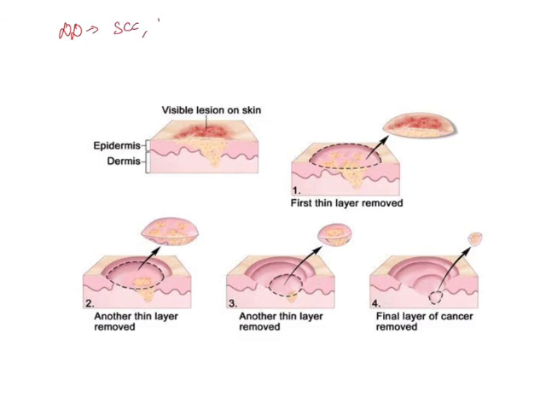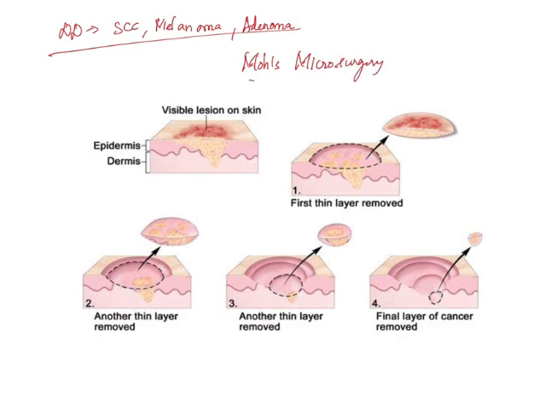Your differential diagnosis is going to be SCC, melanoma, or if it involves the eye, adenoma. You have these differential features. So the most common or popular surgical treatment for this BCC is Mohs microsurgery, right?